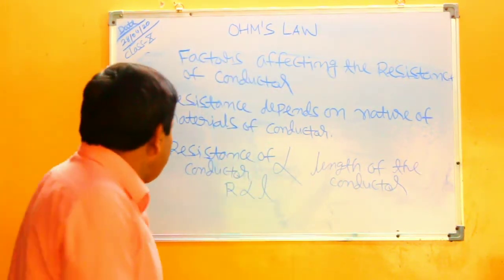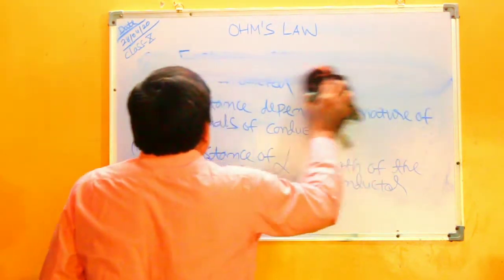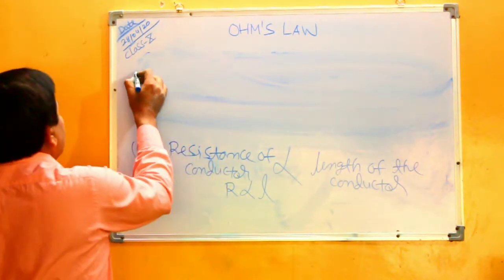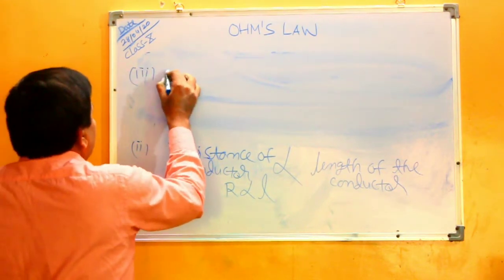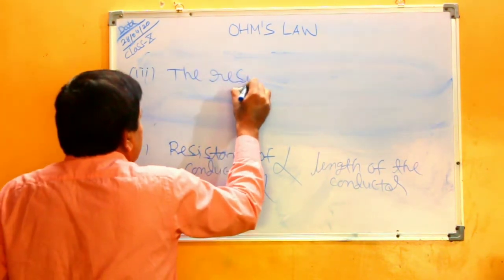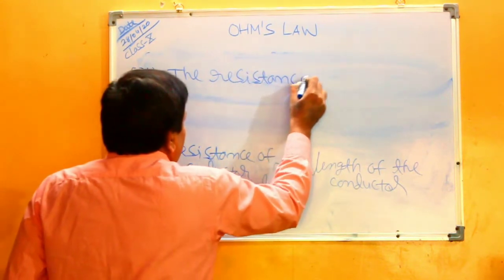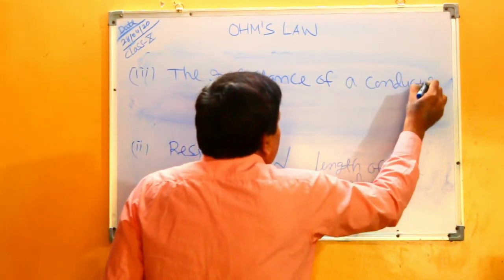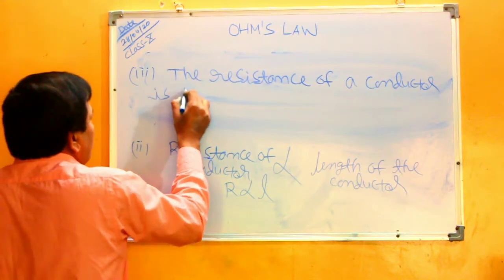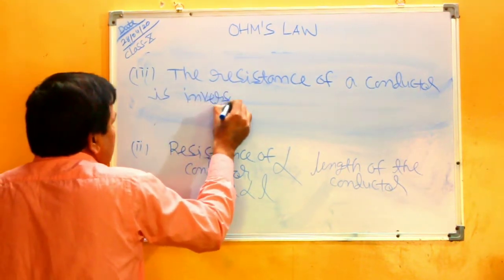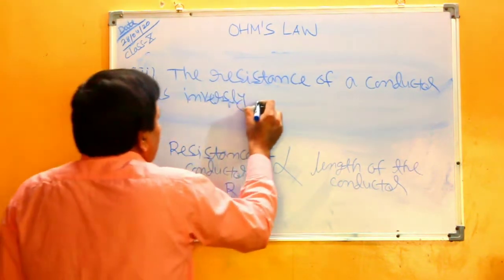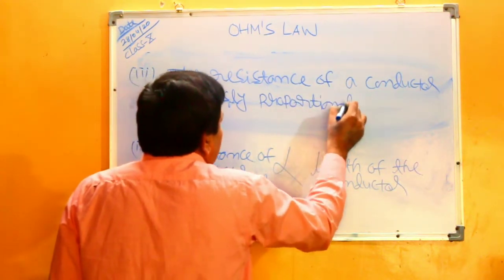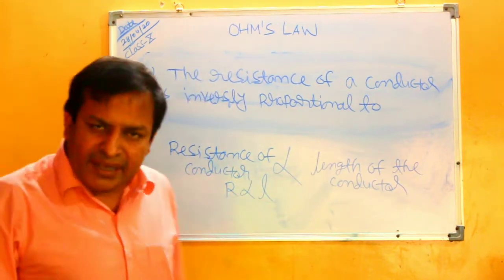So the second law is that the resistance of a conductor is inversely proportional to thickness or area of cross section.